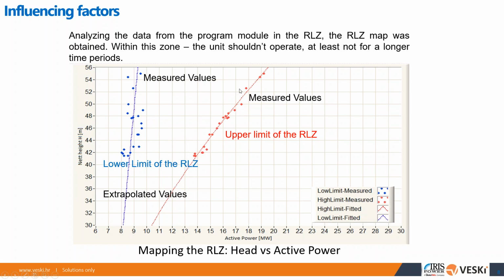Vibrations or low frequency dynamics will not be equally bad across the complete span. It also depends on the unit, but maybe you'll get a zone like here in which you should not operate, or a maximum peak at a certain power versus a certain head in which your machine behaves the worst.